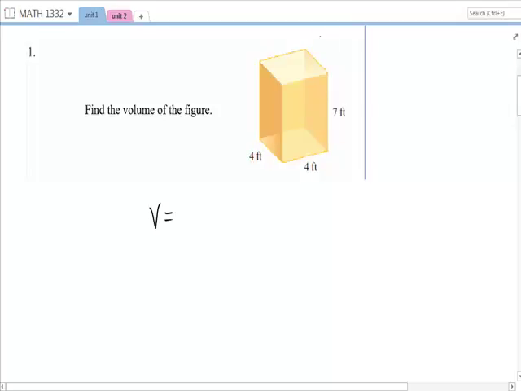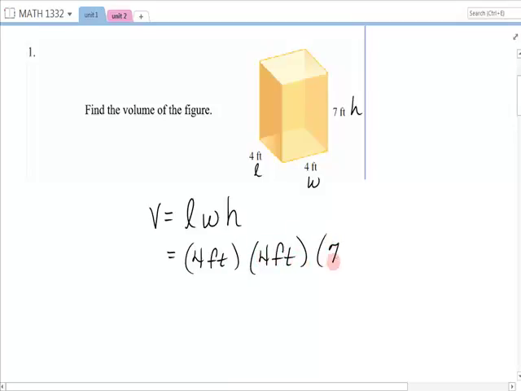All volumes revolve around the idea of area of the base times the height. But what we're going to call it is length, width, height. It doesn't matter. I'm going to call that my length, that my width, and it makes sense for that to be my height. So the volume is 4 feet times 4 feet times 7 feet.